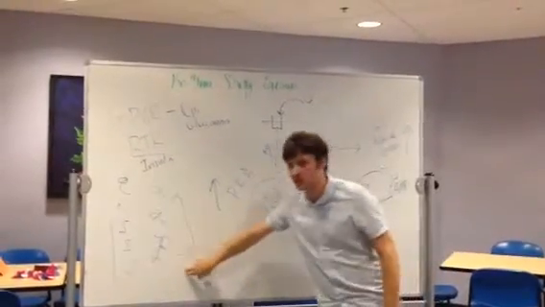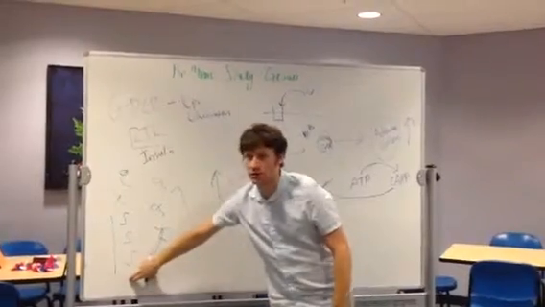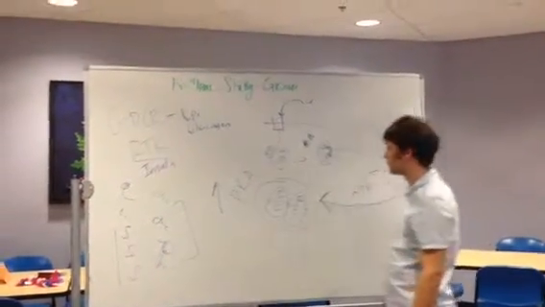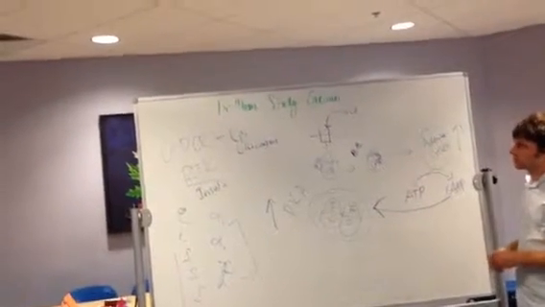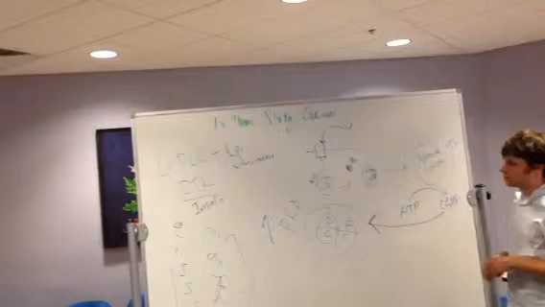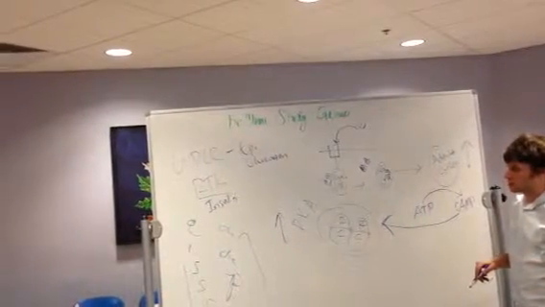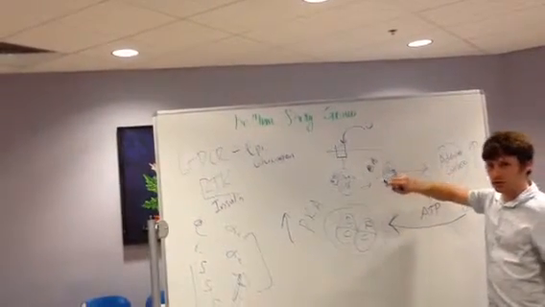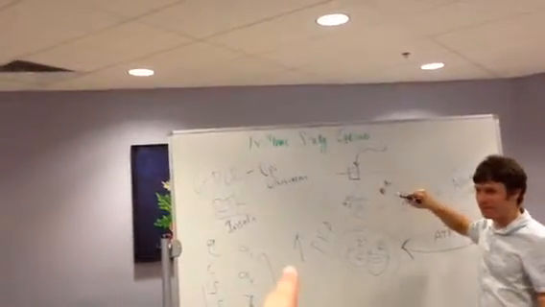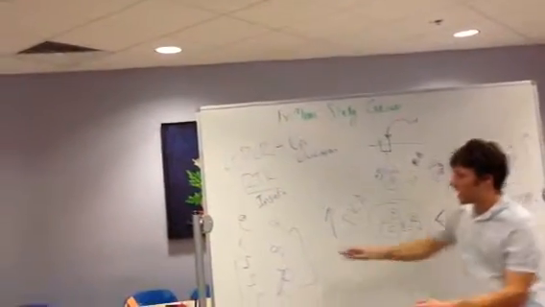So this is in reference to the receptors, and this is in reference to the molecule involved. I think that's where she's getting confused. G alpha S, G alpha Q, G alpha I.